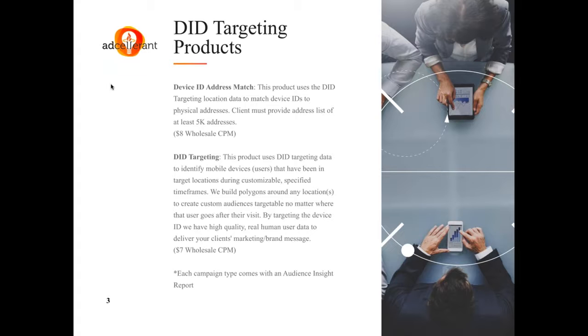Right, so we have the same essential functionality that we do with IP targeting, where we can take a list of consumer or customer addresses and match those to device IDs. So using this technology, we can upload those addresses and determine which device IDs live at those addresses.